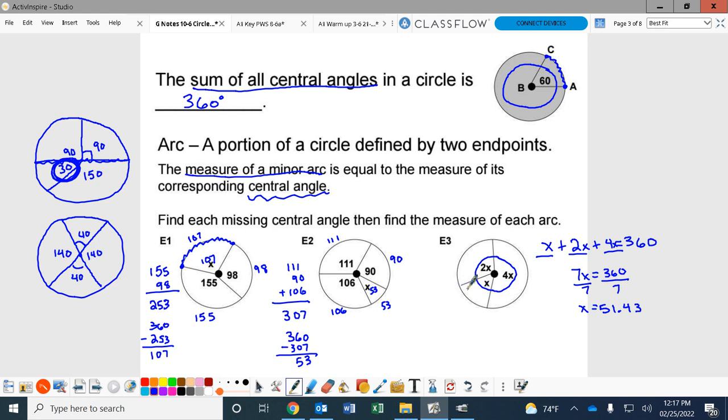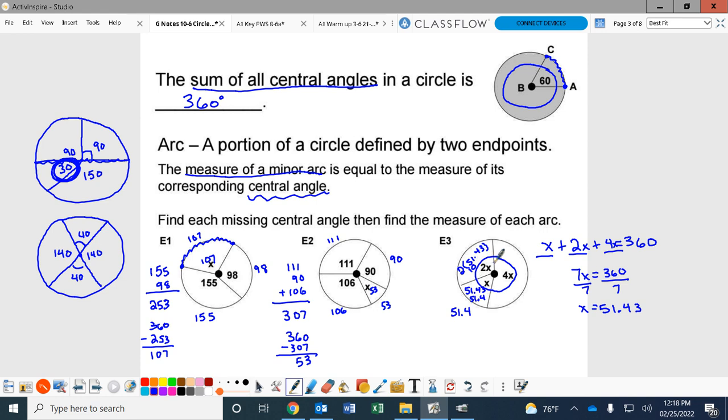And then we're going to plug it into each one of these. Well, for x, it's just 51.43, but we do need to round that off to get to a final answer, so it'd just be 51.4. And if the angle is 51.4, then the arc is also 51.4. Guys, y'all getting the concept? Central angles are exactly the same. It's not that hard. We just got to make the connection. On the next one, it's going to be 2 times 51.43. It's like 100 something.